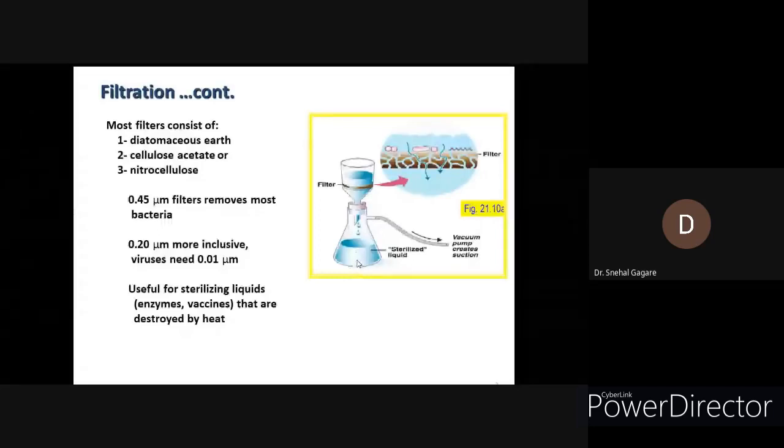Why sterile? Because now it is free from microorganisms. So this is filtration. Now these filters are made up of diatomaceous earth, nitrocellulose or cellulose acetate. Basically what we are using are nitrocellulose filters in our lab.